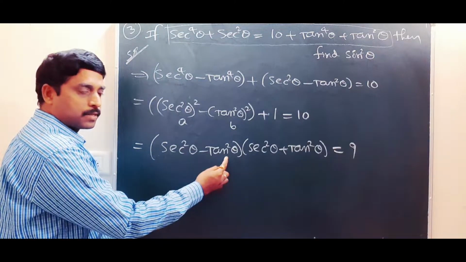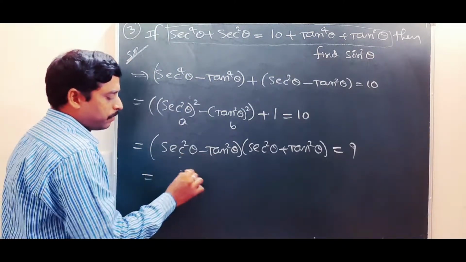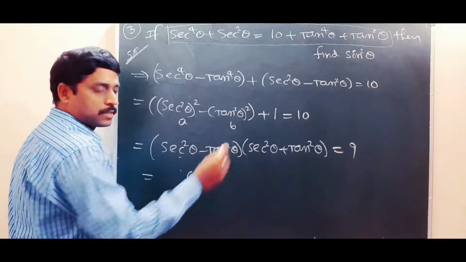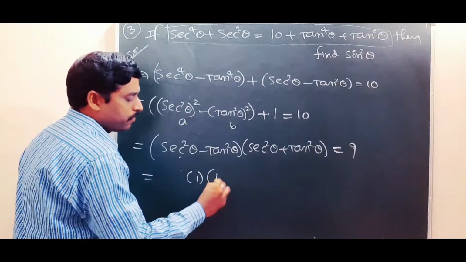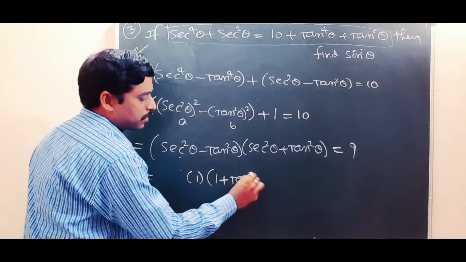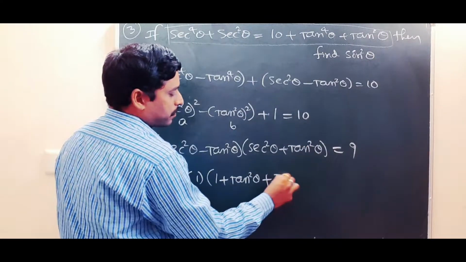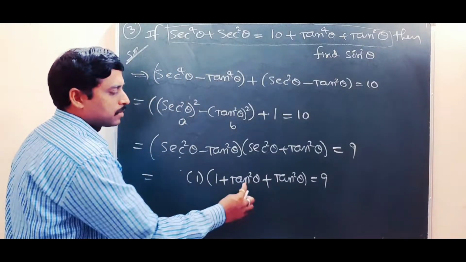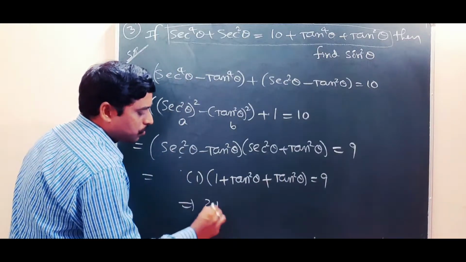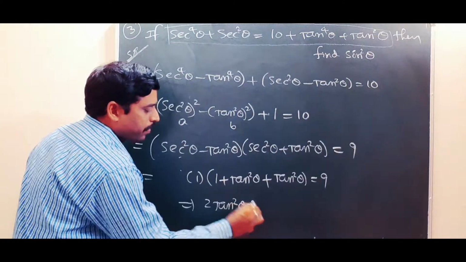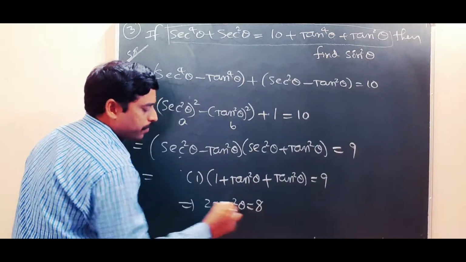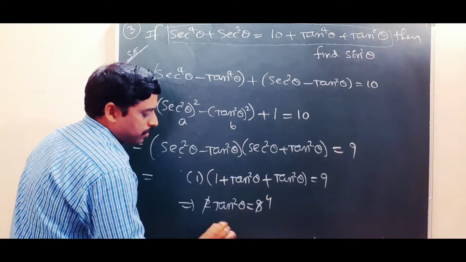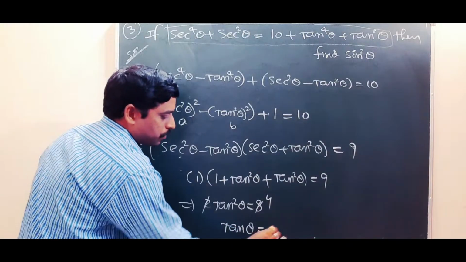Secant square theta minus tan square theta is 1, into secant square theta. We have the formula 1 plus tan square theta, plus tan square theta, it will be 9. So tan square theta plus tan square theta, 2 tan square theta equal to 9 minus 1, 8. 2 into 4, 2 cancels. Tan theta equal to 2.